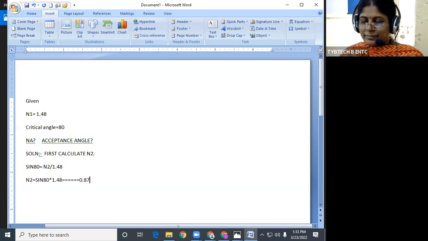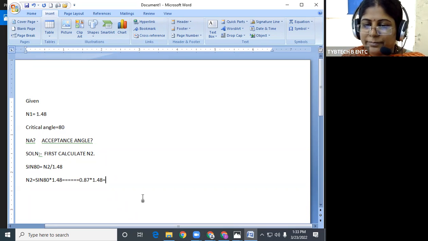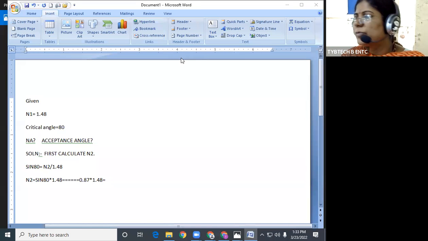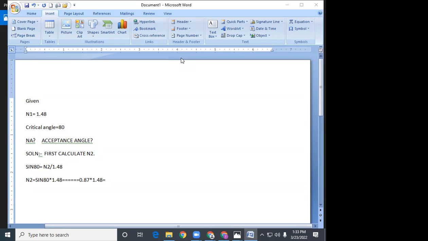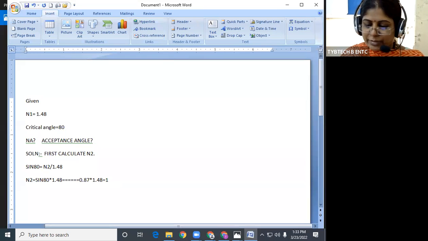0.87. 0.87 into किती येईल? 1.48. सांगा किती व्हॅल्यू येते n2 ची? औदुंबर n2 ची व्हॅल्यू विचारली मी. Yes, it is 1.45 or 1.44. 1.45 ma'am. Correct. So n2 is equal to 1.45.